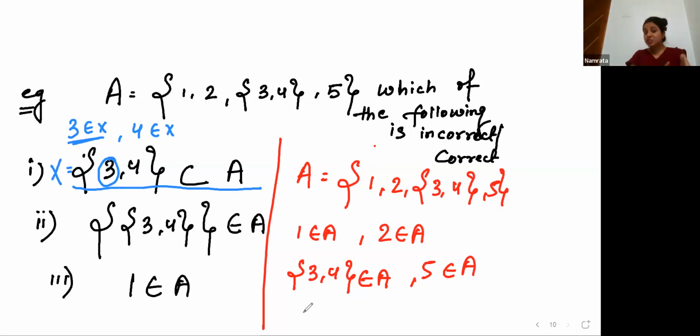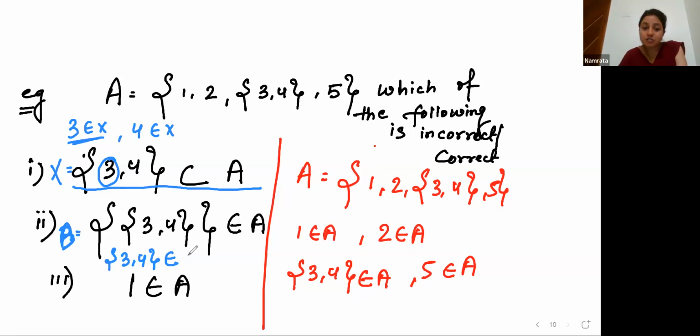Okay, let's do the next one. Let's say there is a set A whose elements are given like that. So we can write {3, 4} together belongs to, let's name it B, because A we already have. So there is a set B having an element {3, 4} together.